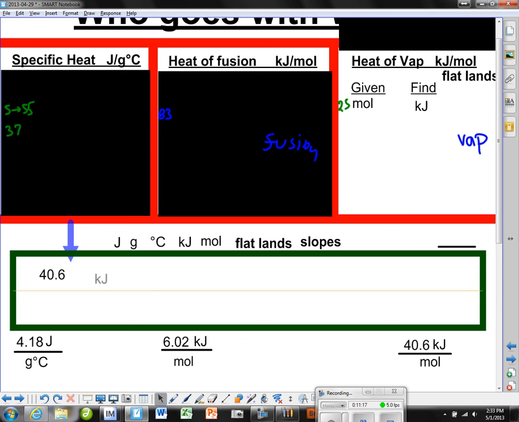Kilojoules, yeah. Okay, and who is going to go on top, kilojoules or moles? Okay, so we can just make this into a fraction with what on the bottom? Moles, yes. All right, now, what are we going to do with that given amount, the 25 moles? Put it on the top.